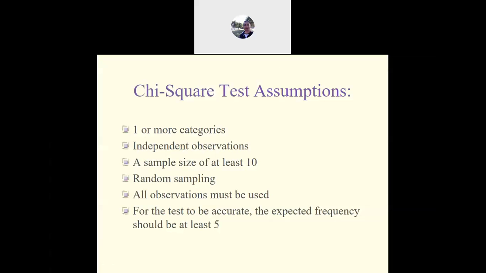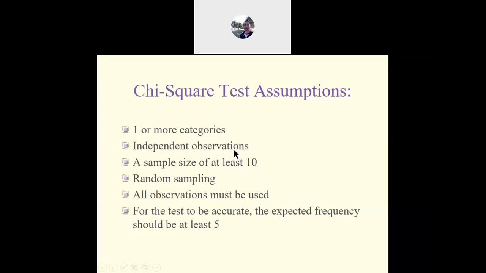As we said, you must have more than one category, like male and female for the gender variable, and the type of pizza: Mexicano, fajita, margarita. And the observations must be independent.